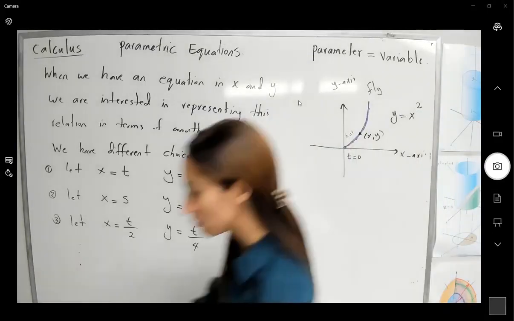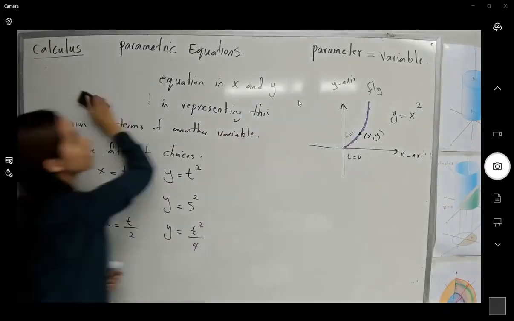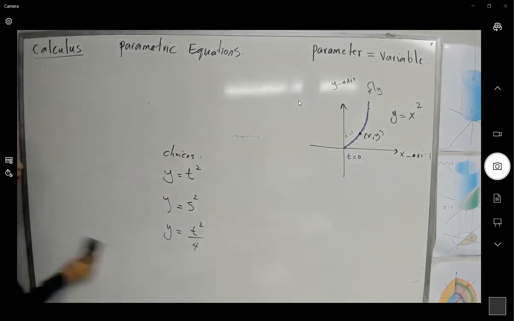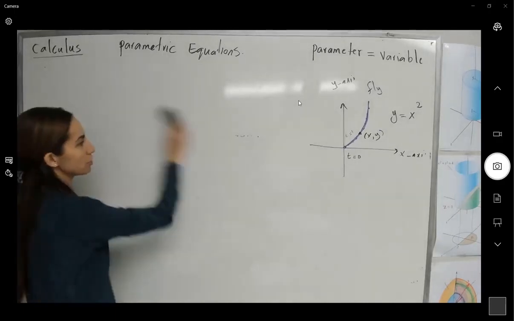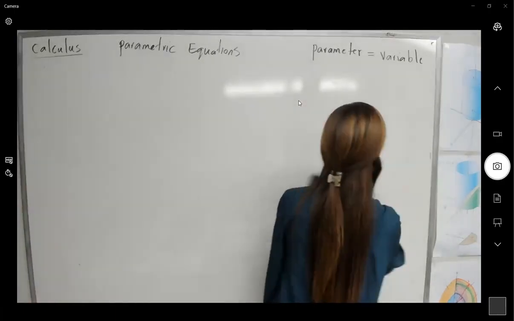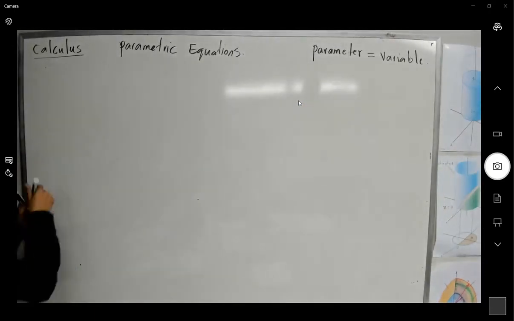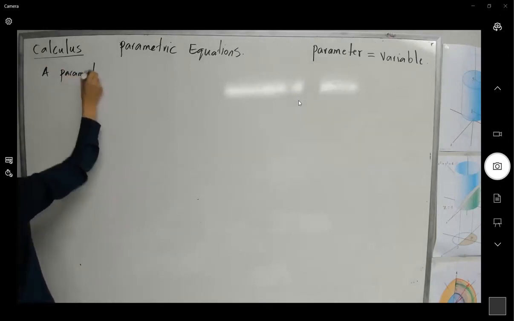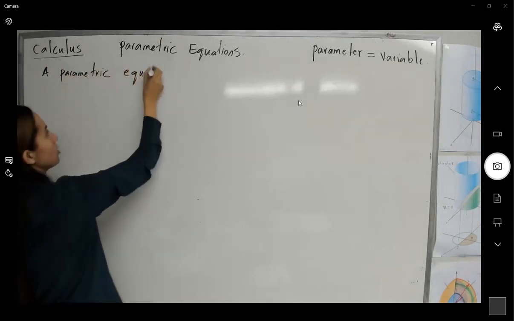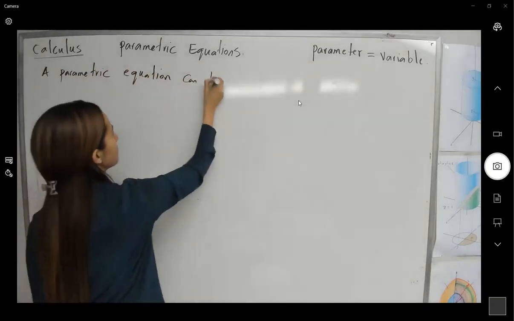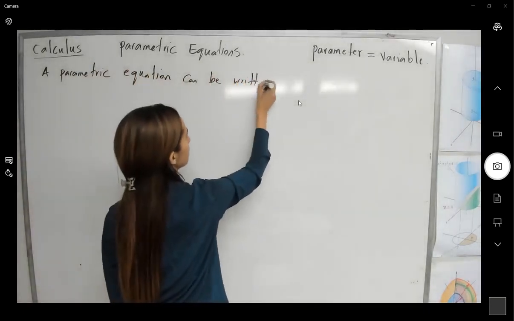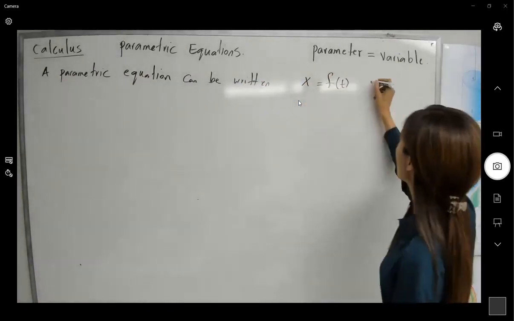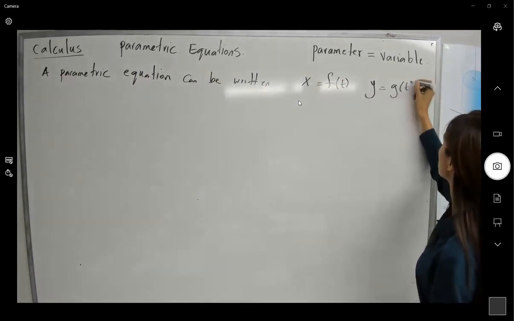So in general, when we are talking about parametric equations, we are defining new functions. A parametric equation can be written as x equals a function of parameter t and y a function of parameter t.